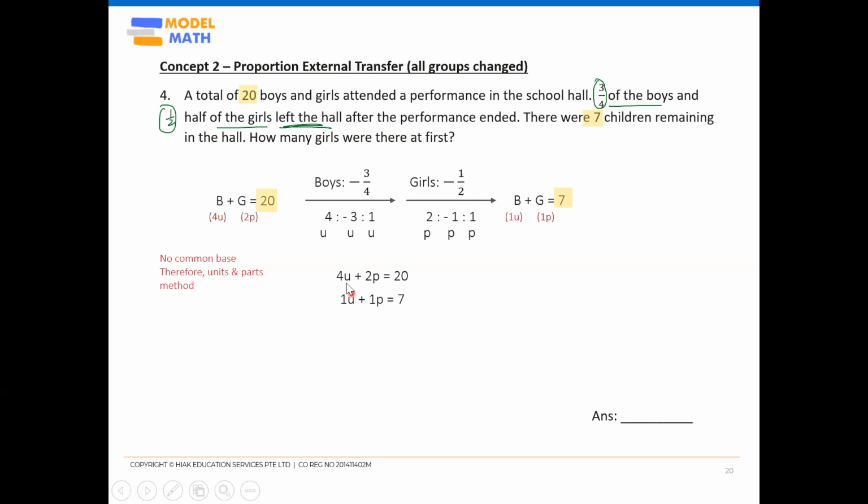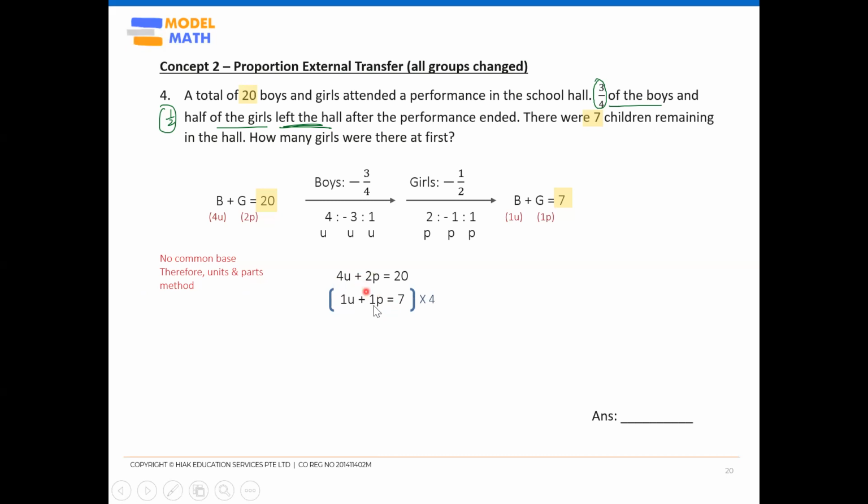If I want to get rid of units, I must make units the same value. If I want to get rid of parts, I will make parts the same, 2p, 2p. I hope you are all clear on this. In this case, I would choose to make my units the same. That's why I times 4 to this entire equation. But it's really up to you. If you choose to make parts the same, it's fine.